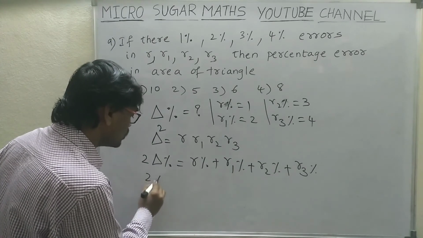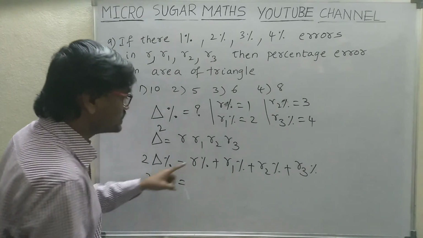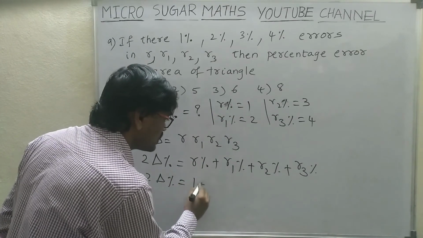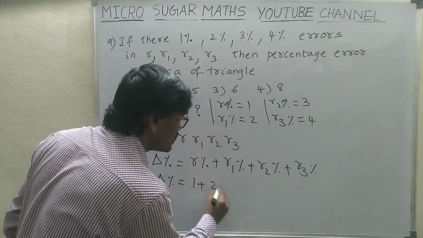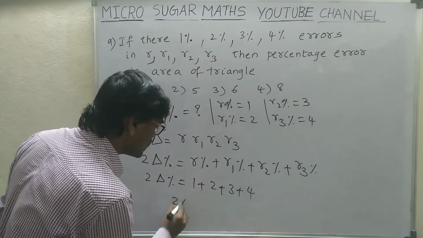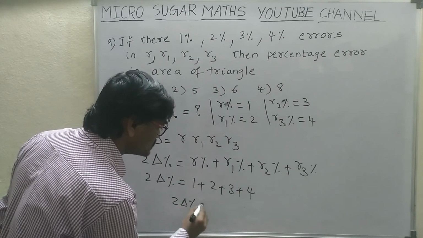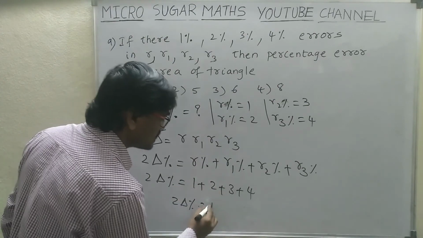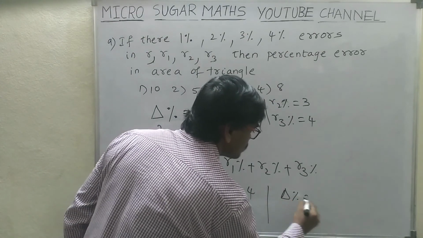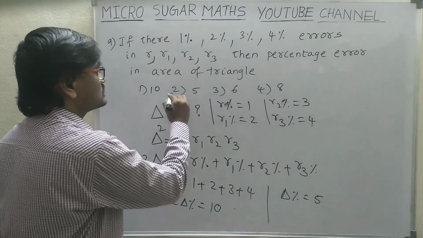Therefore 2 into delta percentage is equal to 1 plus 2 plus 3 plus 4. Therefore 2 delta percentage value is 10, so your delta percentage value is equal to 5. Second option.